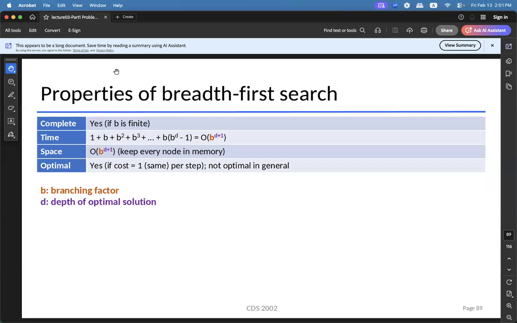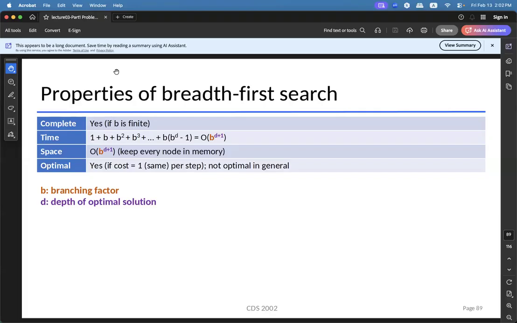And for optimality, if the step cost is 1, then breadth first search is optimal, because it covers all the paths with a depth of n before it proceeds to the paths with a depth of n plus 1. So if the step cost is always 1, then breadth first search is optimal.